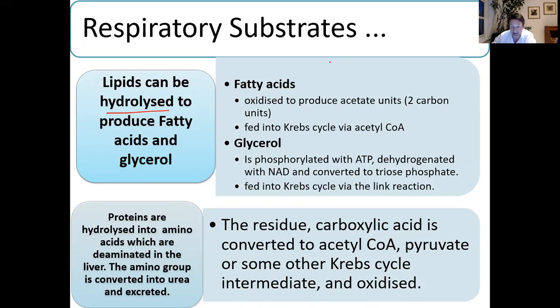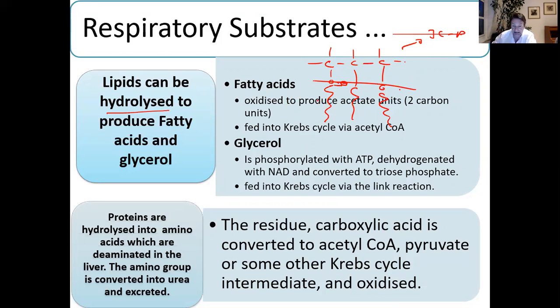Remember, the glycerol is the 3-carbon compound to which the fatty acids are attached by ester bonds. You hydrolyze the ester bond and take your 3-carbon glycerol, and then the glycerol gets phosphorylated and turned into triose phosphate, which can then enter glycolysis and start the process.